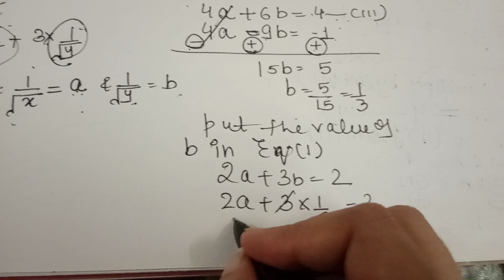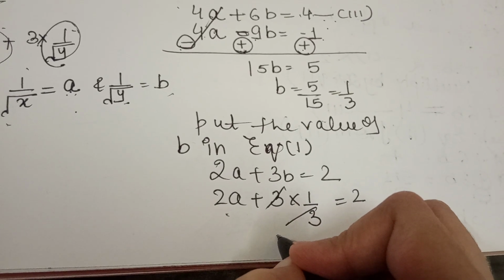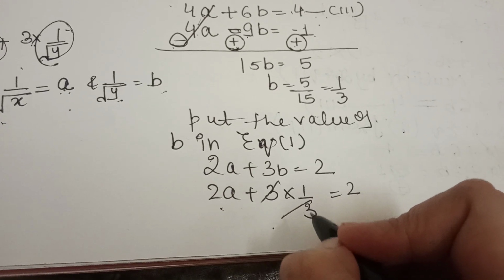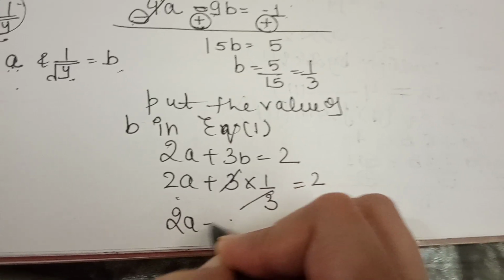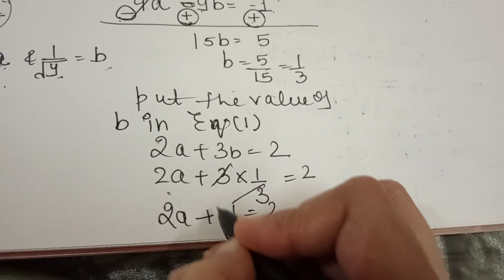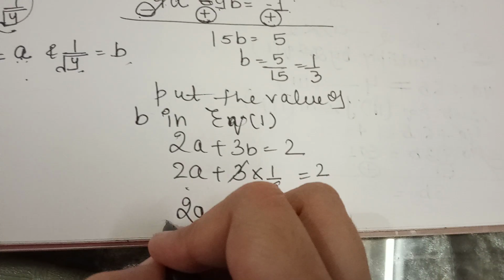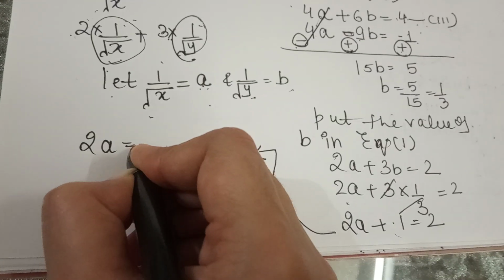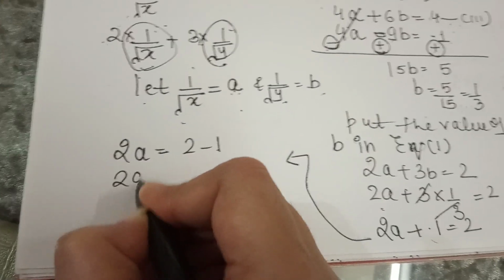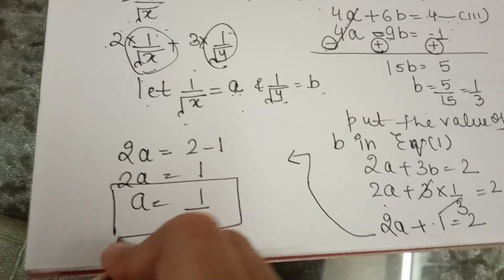This cancels out. So it will be 2a plus 1 equal to 2. Now we will shift 1 here in subtraction. I am solving it here. So 2a equal to 2 minus 1. 2a equal to 1 and a is equal to 1 upon 2.